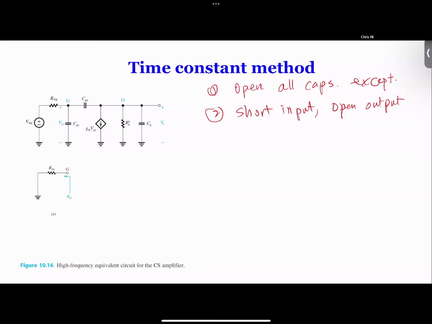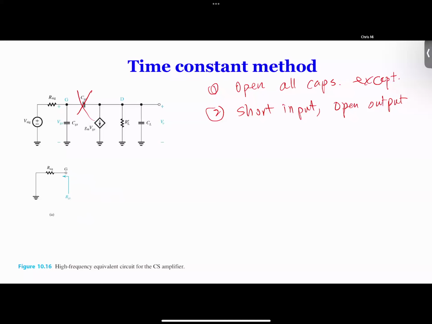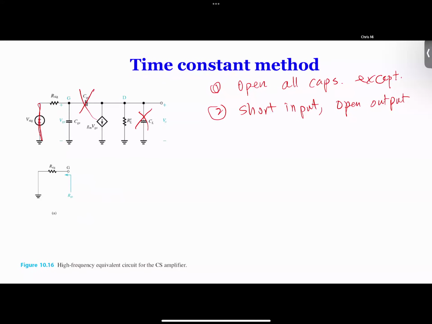So based on the two principles, let's start with CGS. When we look for the time constant for CGS, we would short VSIG, we would open CGD, we would open CL. See what circuit we have now if we open it. Basically, we open this, we open this, we short this. So in fact, we got this circuit over here because this is open.